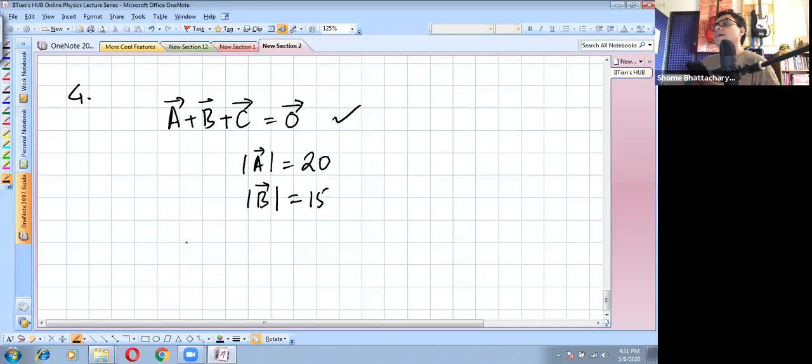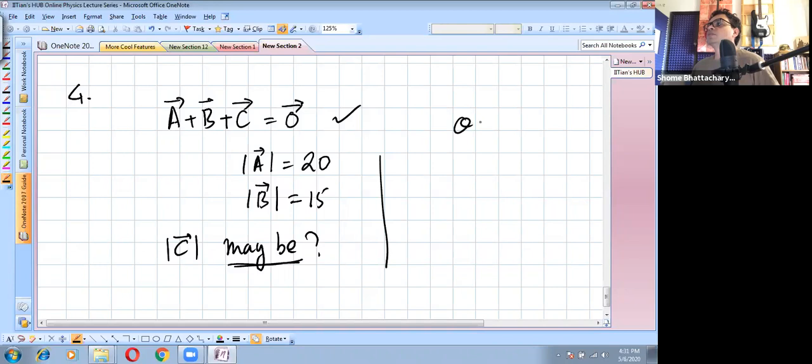Now it is asking that the magnitude of C may be, it's not asking that it is, it may be which of these options. So when we are looking at which of these options it may be, we have to understand that we don't know theta in the question, so we don't know what the value is. But we do know that the magnitude of A plus B cannot exceed how much?